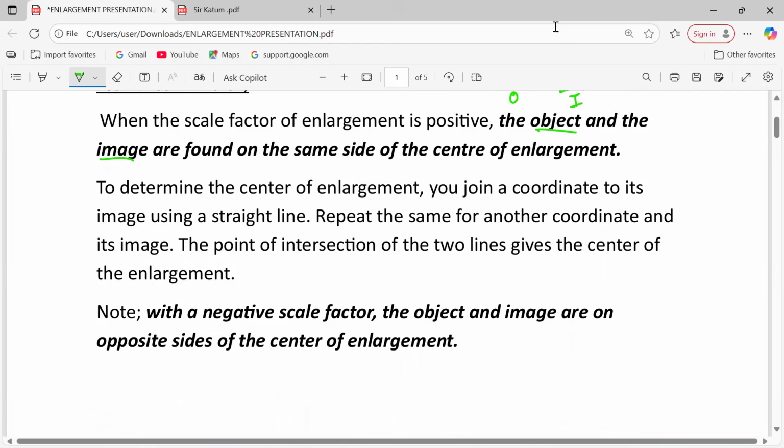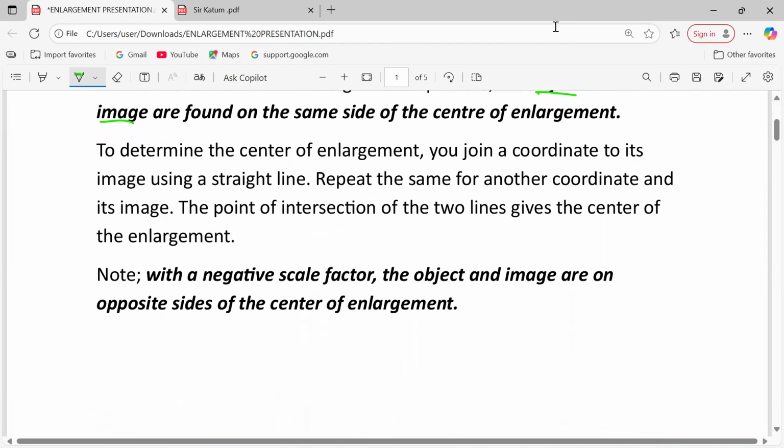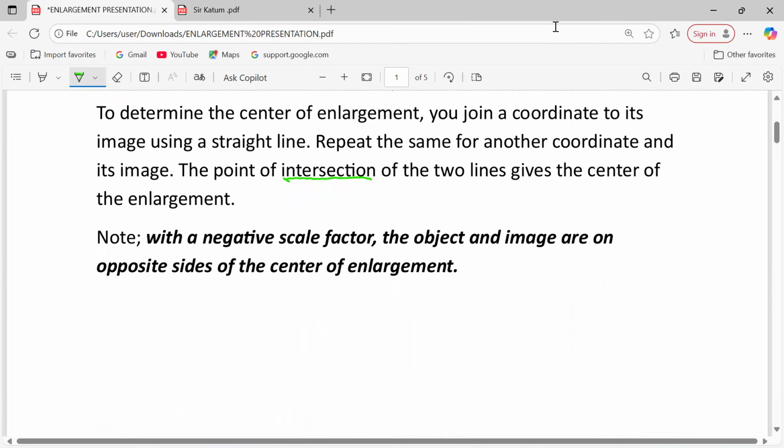Remember, we're going to see this in an example. That particular point of intersection becomes the center of the enlargement.